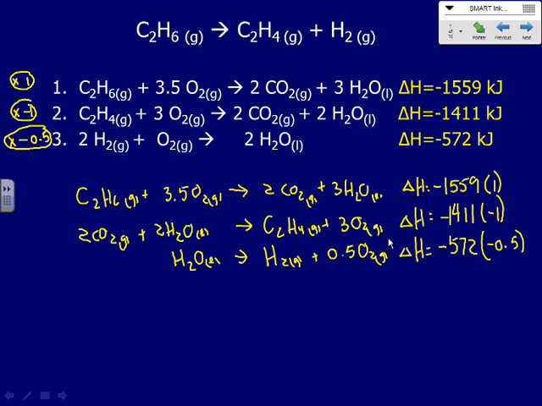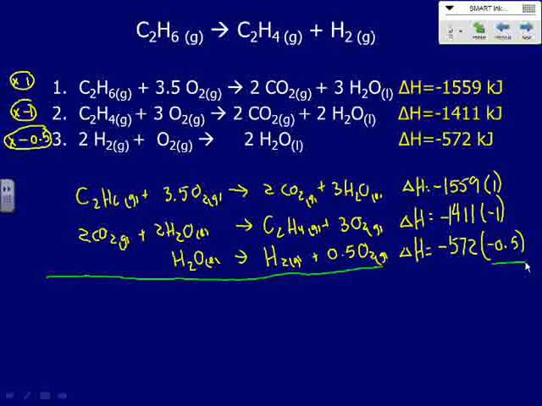All right. So now the first thing we do is we check to see if our reactions add up to the desired reaction. And we do this simply by canceling out things that appear as reactants and products, and anything that doesn't cancel out, we leave.